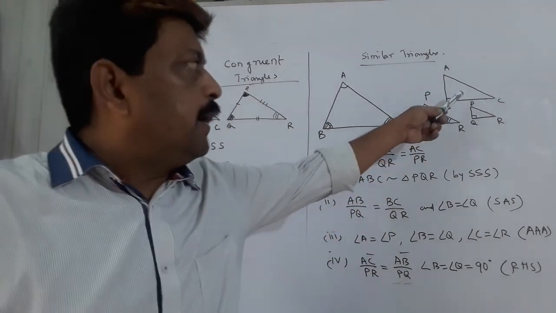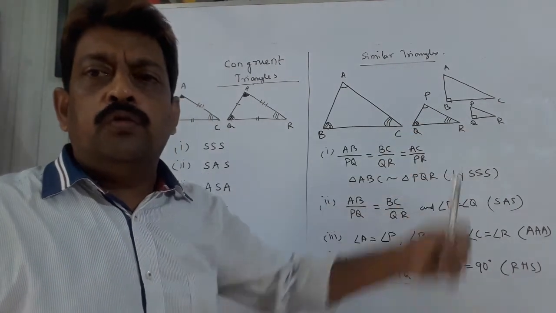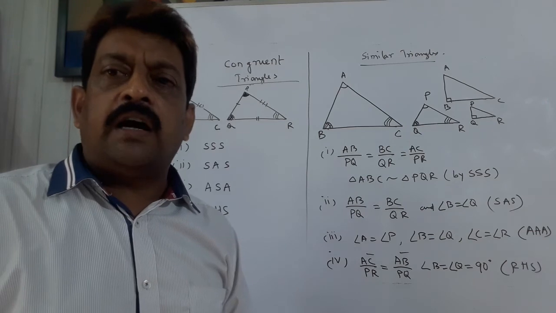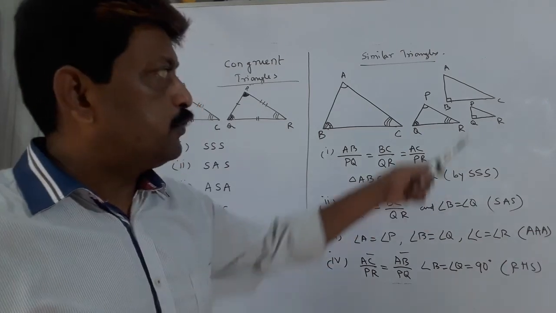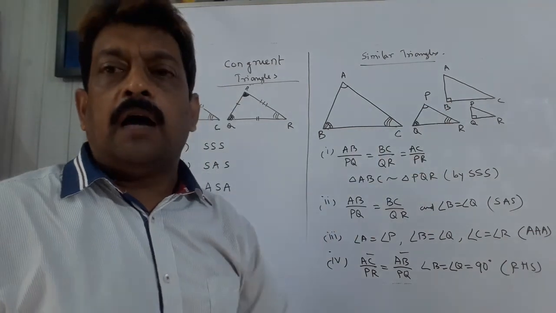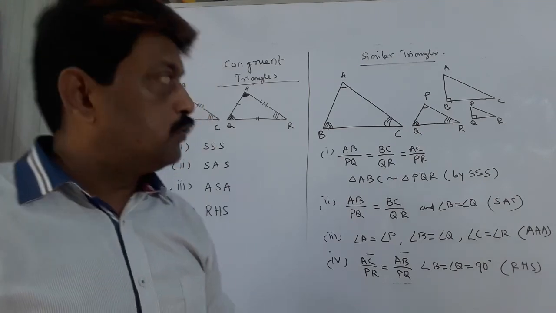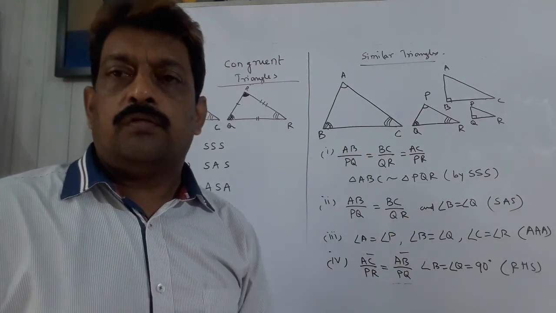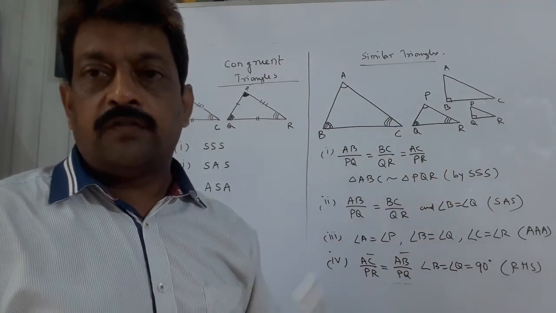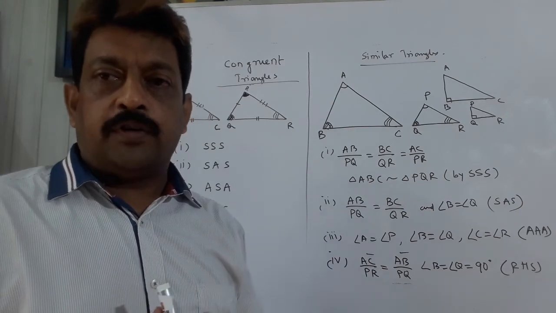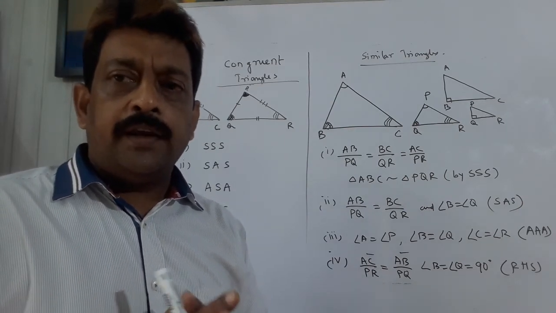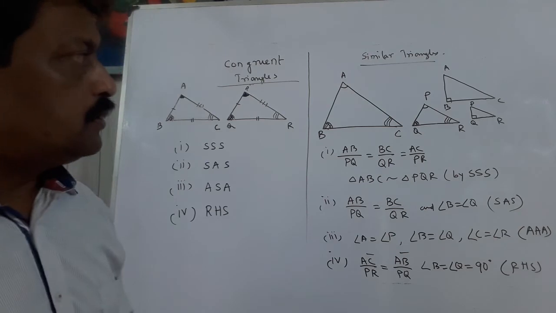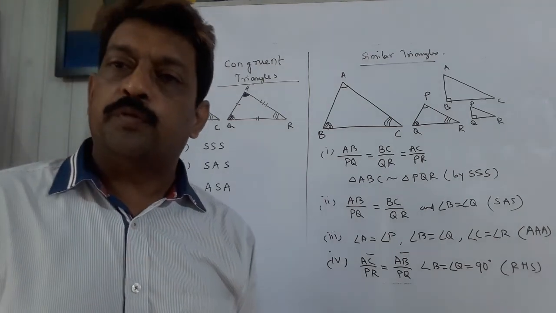So if we have to prove that two triangles are similar by RHS, then we have to show that their hypotenuse and any one side of these two right triangles are proportional.